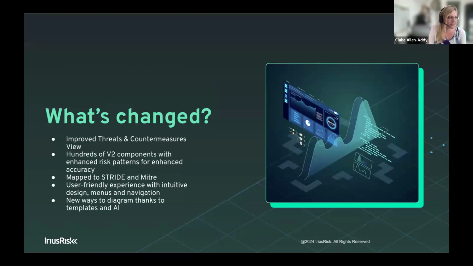We've now got hundreds of V2 components. They've got enhanced risk patterns, so that gives you greater accuracy. And they've also been mapped to STRIDE-LM and MITRE frameworks. And then just generally speaking, we've wanted to make a more logical navigation, a better UI, a better experience overall. And hopefully you'll see that in just a second.